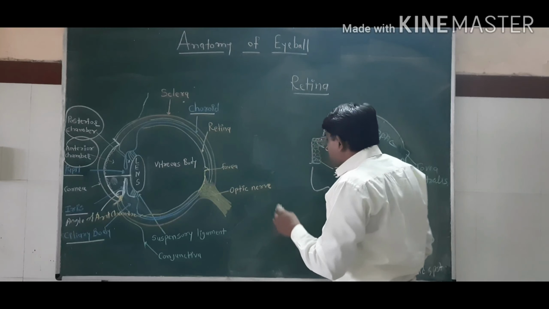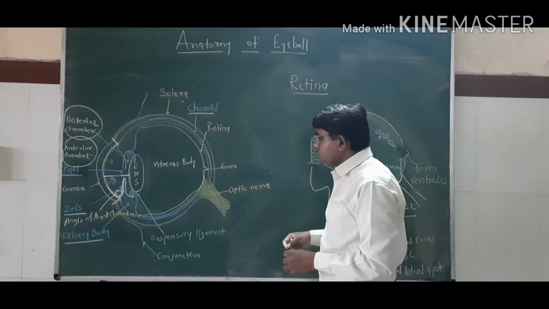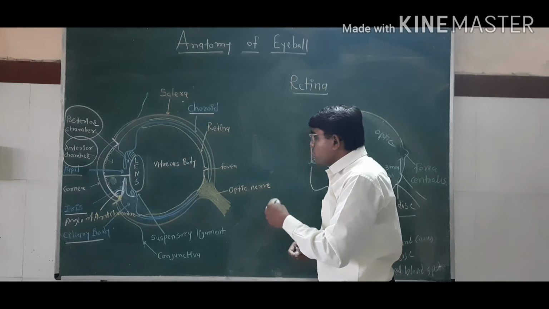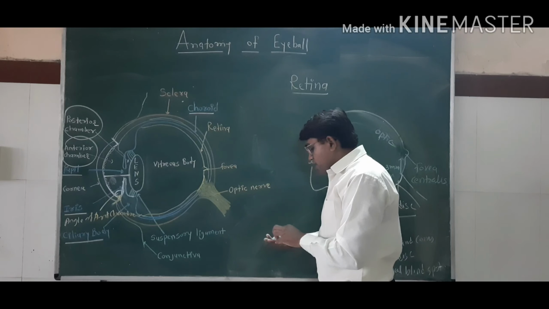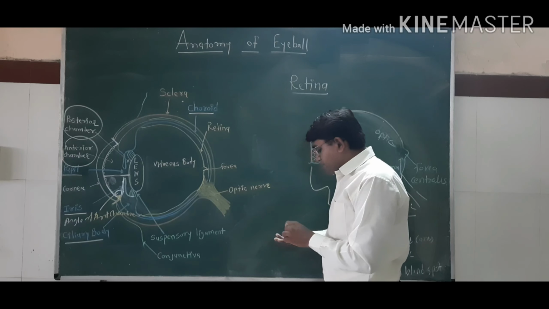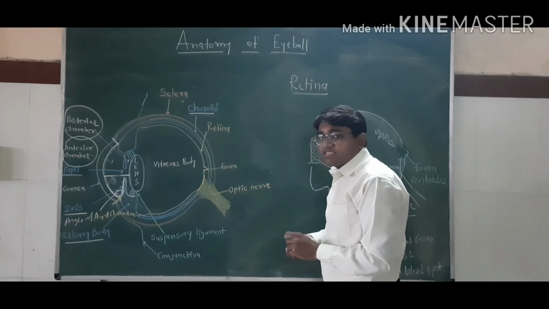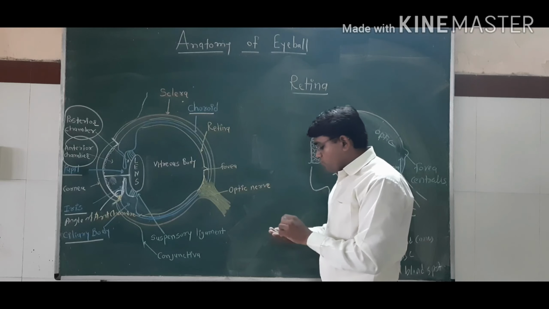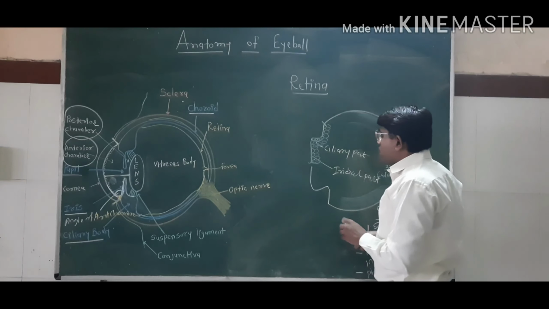Now in the fovea centralis, there is a further depressed area, and this depressed area is known as the macula lutea.